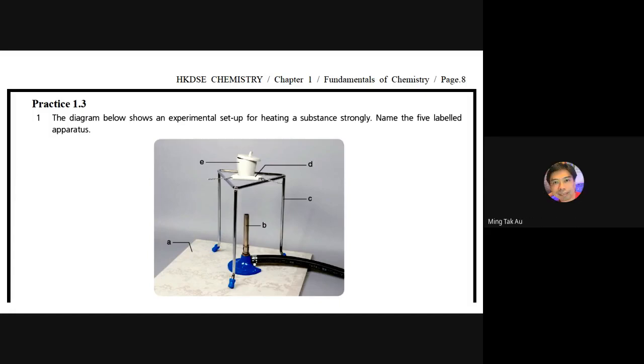And E, what is E? Isabella, class number 5. Crucible with lid. Right, very good.